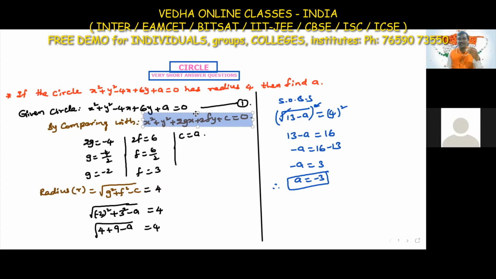And one more is the radius of the circle, under root of g square plus f square minus c. We are just using these two concepts in this problem. Understood?